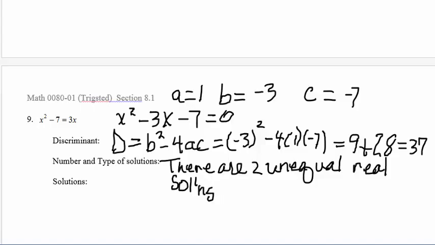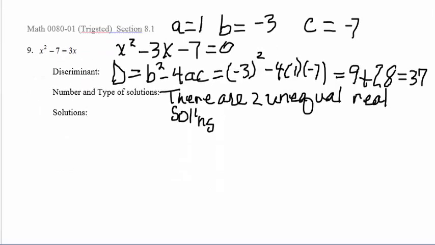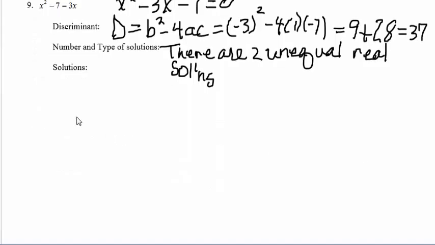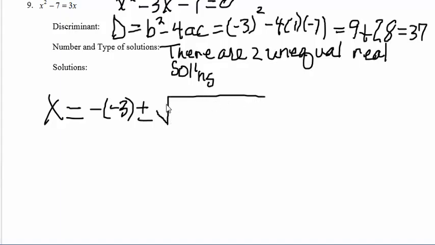So remember our D was 37. So we are going to plug that discriminant in so we can find the solutions. Minus b is minus minus 3, plus or minus the square root of b squared, that's the square of negative 3, minus 4 times a, which was 1, times c, which is 37.